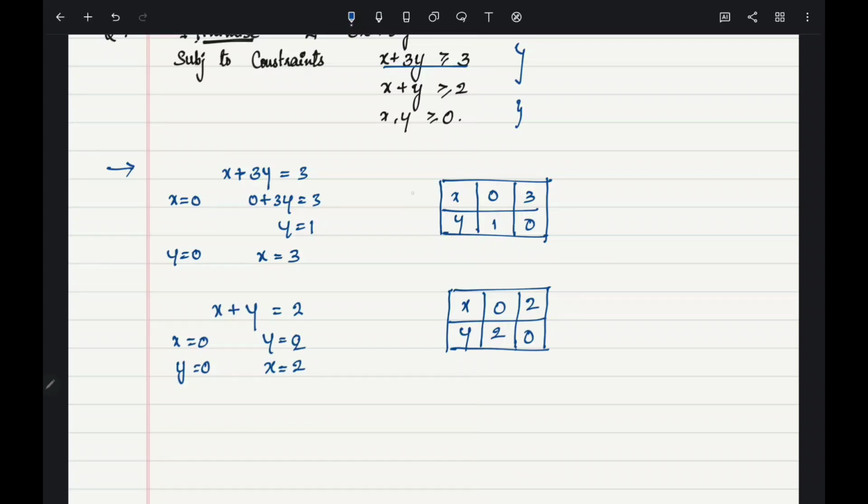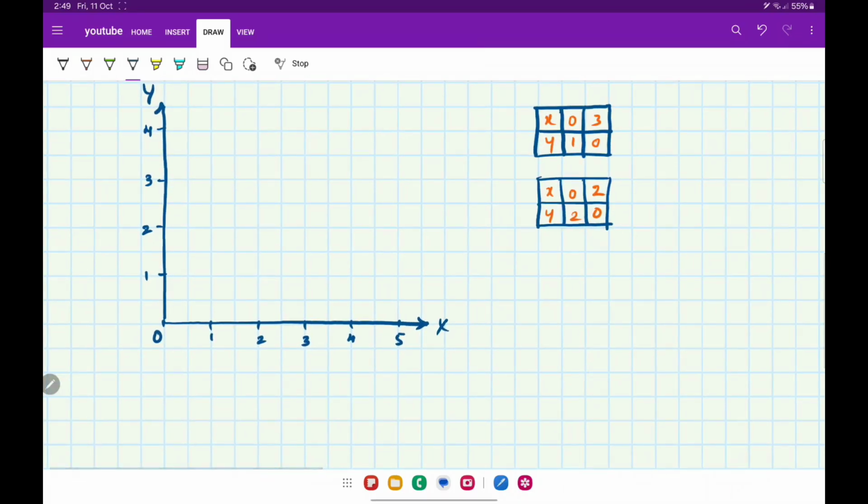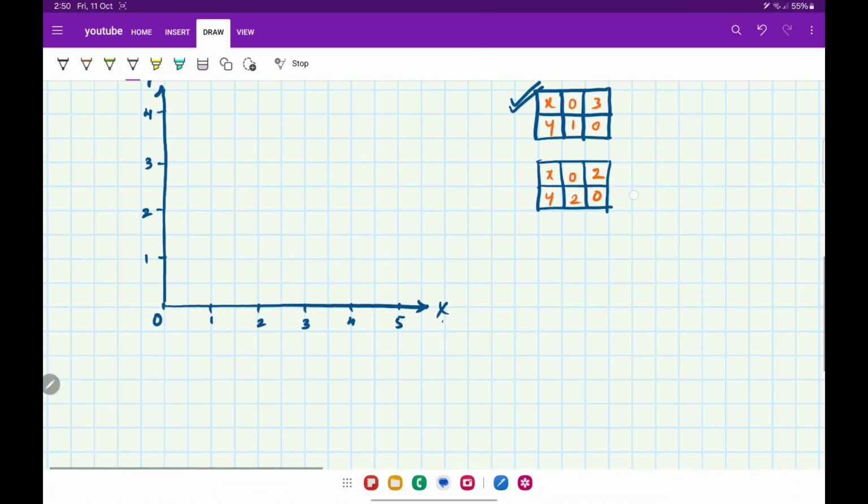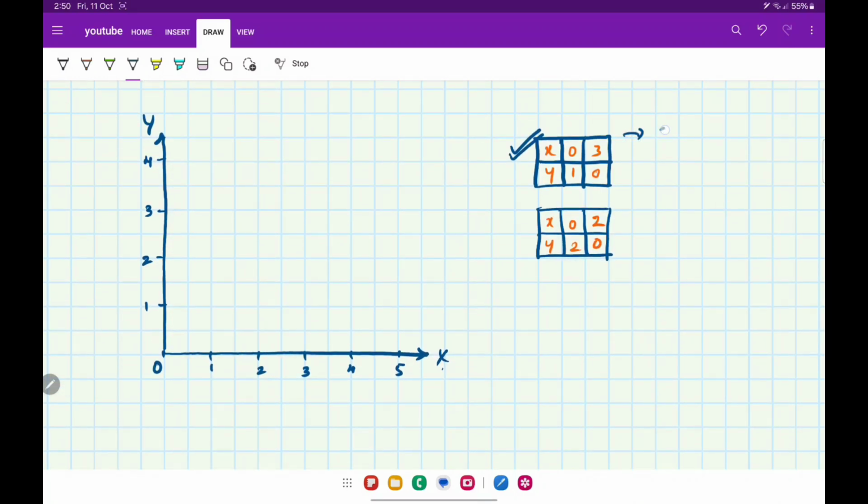Now let's plot the graph for both the constraints. So we have taken a Cartesian plane having x-axis and y-axis and I have taken the scale as 2 cm is equal to 1 unit for both the axes. Now let's plot the graph for the first constraint, that is x plus 3y is equal to 3. And this is the table for x plus y is equal to 2.